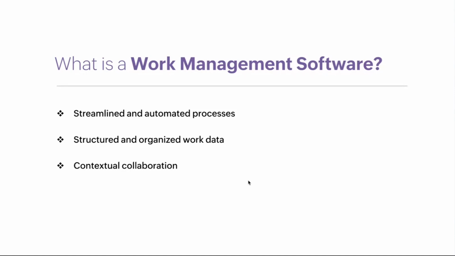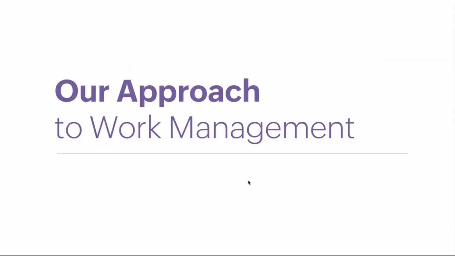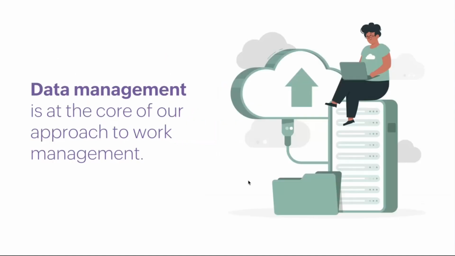So the next question that we would get from users would be, what is our approach to work management, right? Zoho has been in the ecosystem for about 2.5 decades. And one thing that we have seen from our experience is that data management is at the core of work management. There are different types of data.